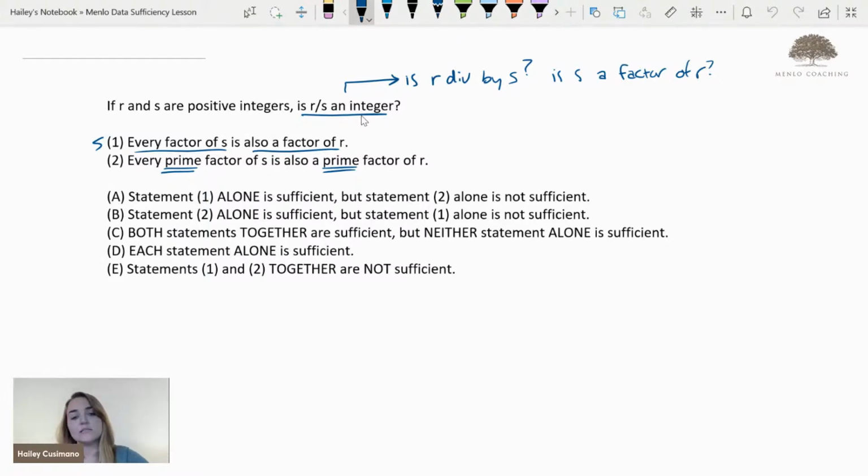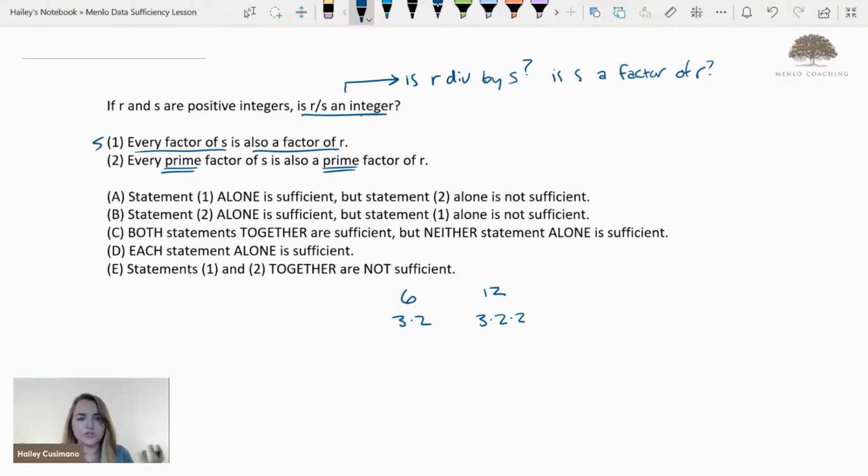Because, for instance, numbers like 6, or 3 times 2, and 12, or 3 times 2 times 2, well, those share the same prime factors, 3 and 2. They have different prime factorizations. And as soon as I can see that, again, precision in language of what statement 2 is telling me, it should become a little more clear how I want to go about picking numbers. Now, it should be very easy to answer the question yes, right?